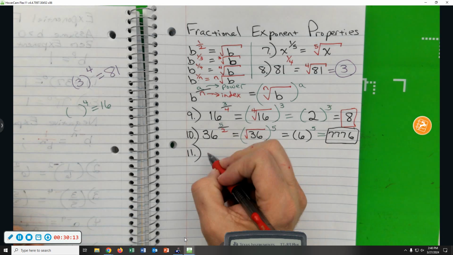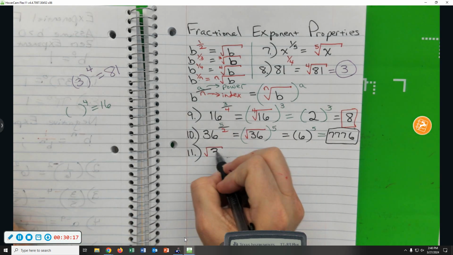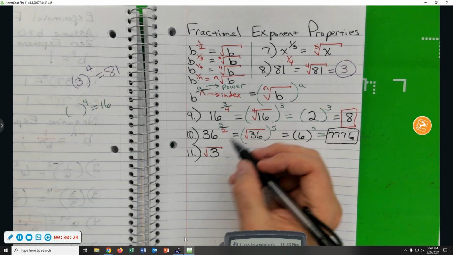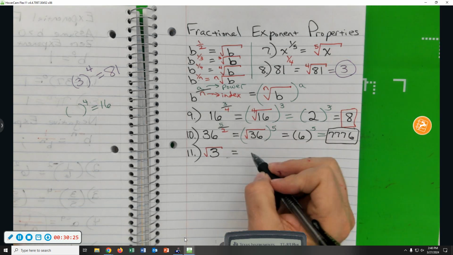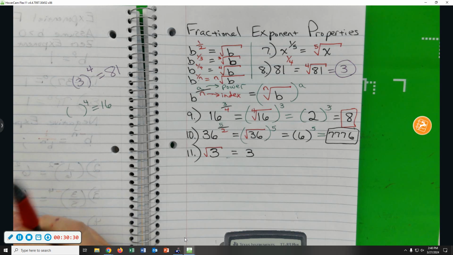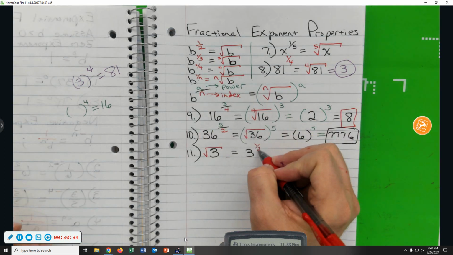Here, they want us to take this radical expression and rewrite it using a fractional exponent. Now, the square root of 3, that'd be the same as 3 to what power? 1/2. A square root is the same thing as the exponent 1/2.